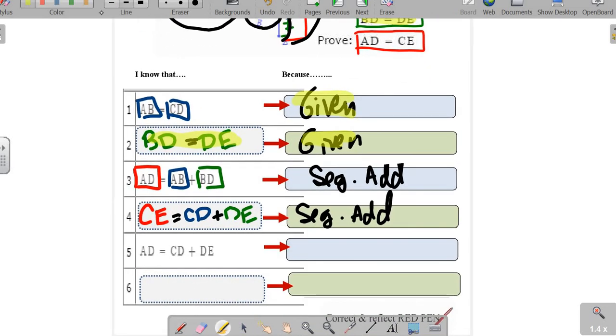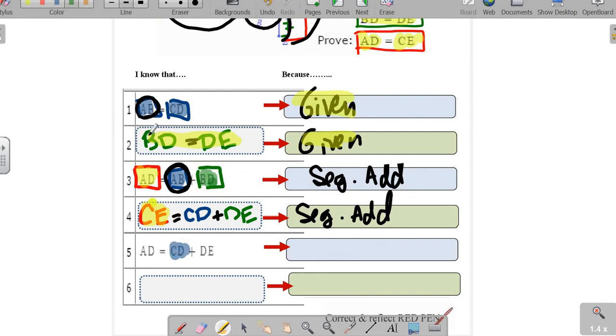Now your ambition is to somehow connect these two. That's your ultimate ambition. So you don't ask yourself what should you do, but what can you do? And look very carefully. Right here, we could swap out AB and put in CD.